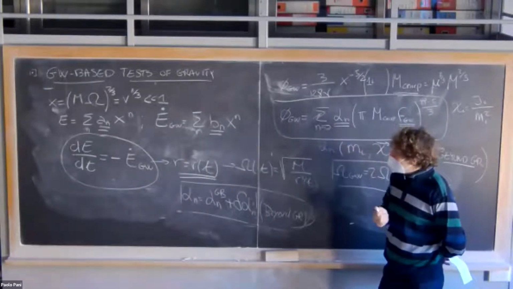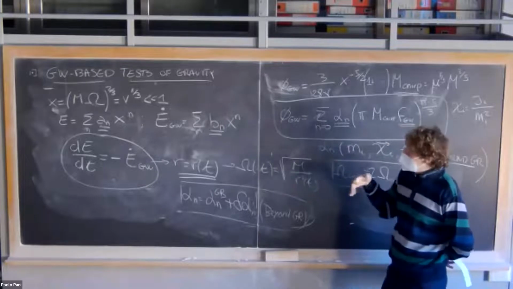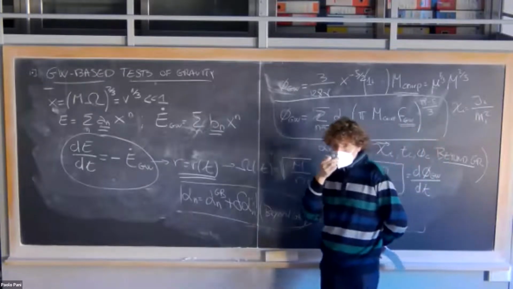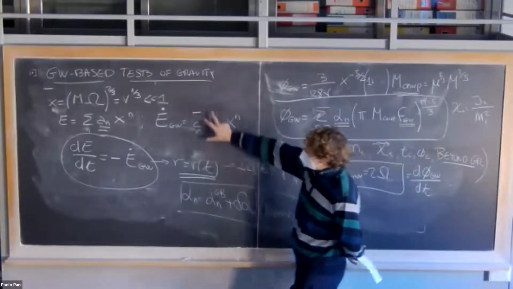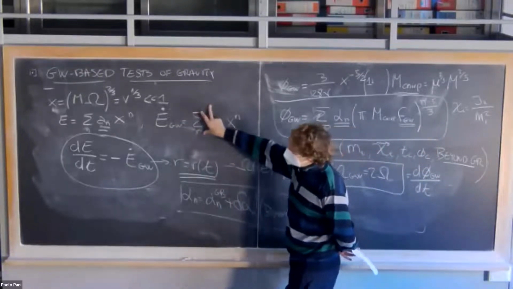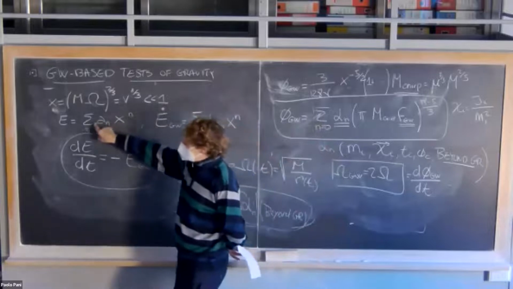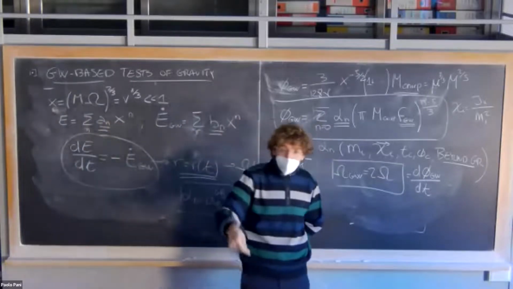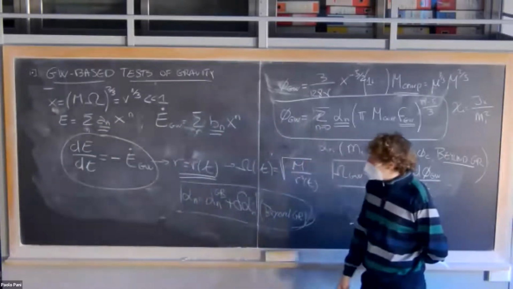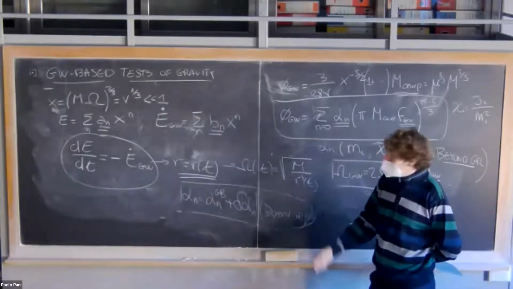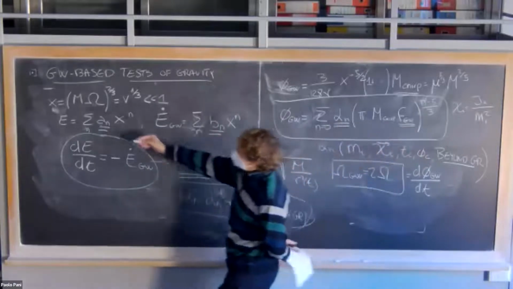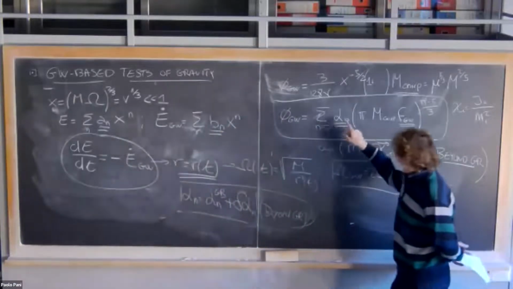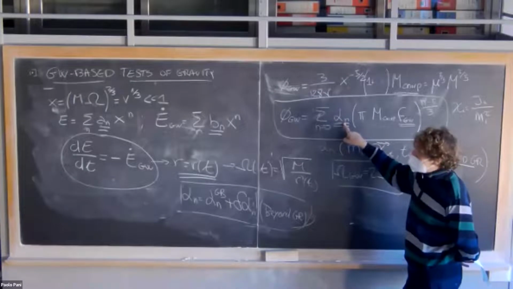So essentially, if a theory, for example, does not modify gravitational wave emission compared to general relativity, the fluxes will be the same. What will change is maybe the conservative part. So, for example, Newton's law and the way orbits are related to the frequency. And the corrections to these coefficients will enter these alphas in a certain way.